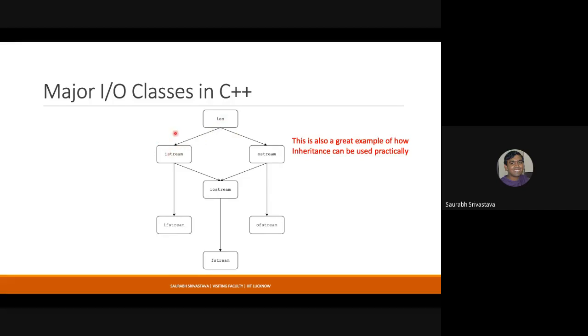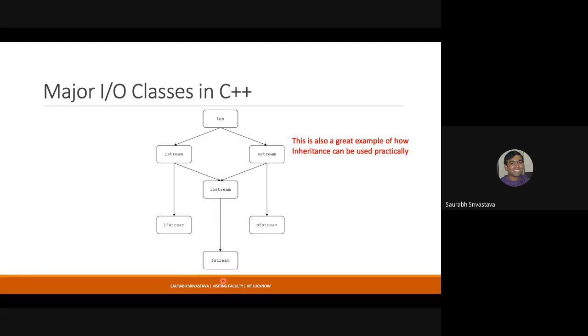So whatever was added here gets automatically added to these classes. For example, the insertion operator gets added into the ostream class, because of which you can use it with cout. So you can also use that same operator with any type of ofstream.